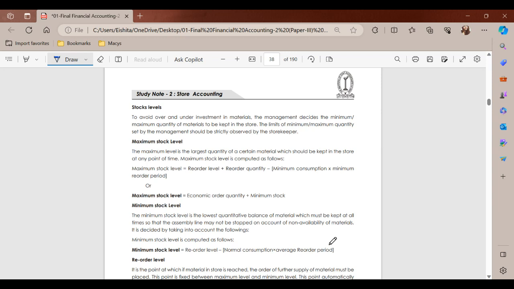So overstocking and understocking are not advisable to the company. So just to ensure that the company maintains the stock within limits, management decides the minimum or maximum quantity of material to be kept in the stores. The limits of minimum or maximum quantity set by the management should be strictly observed by the storekeeper.